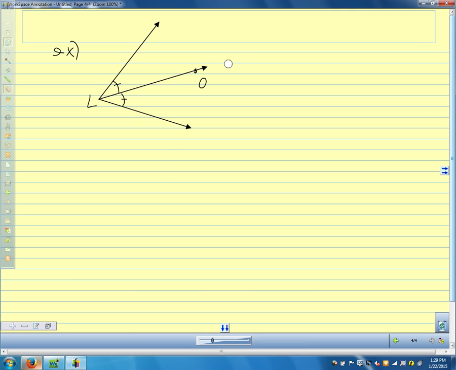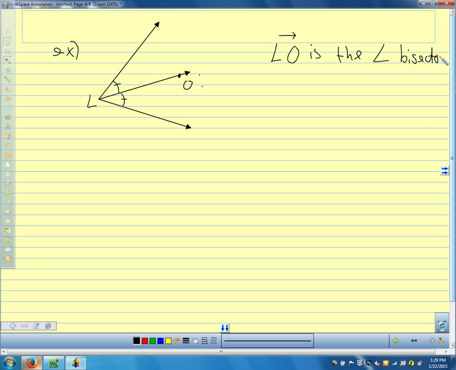Before I do anything else, what do we know about segment LO? It is the angle bisector, right? Because each of these two pieces is the same. LO is the angle bisector. All right, so that could be important to what we're doing. Let me draw in a couple more segments here.